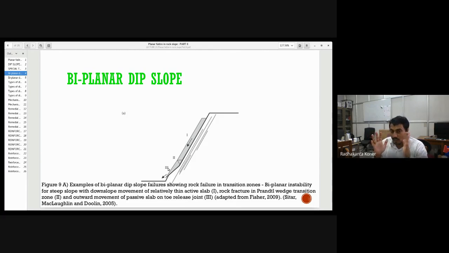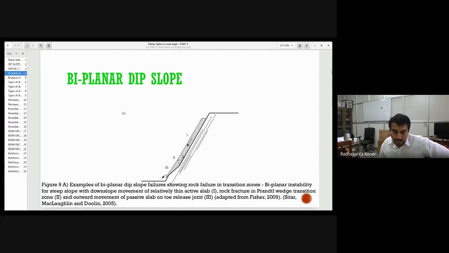So it is understood now. In the top portion it will exhibit a relative motion, and due to this relative motion, what will happen? Relative motion means some work done. Work is basically force into displacement. So if some work is done in this slab, this work may be done by the self weight, which is a force.